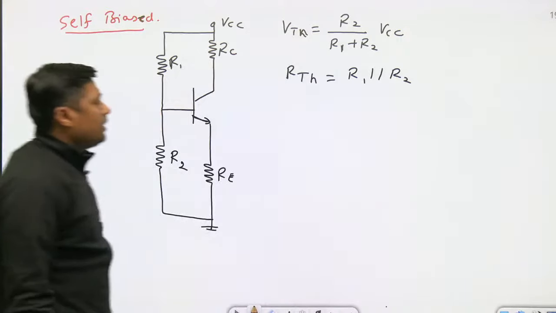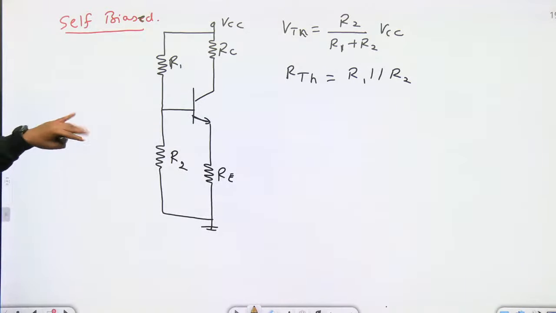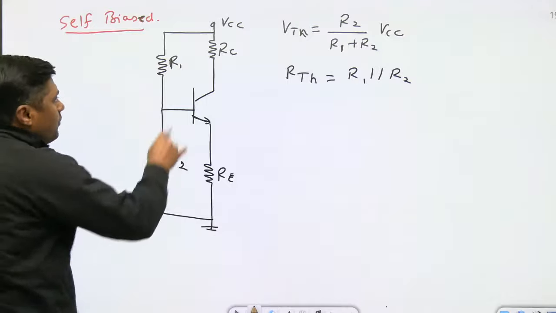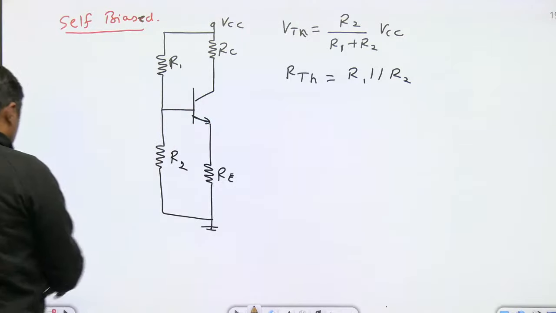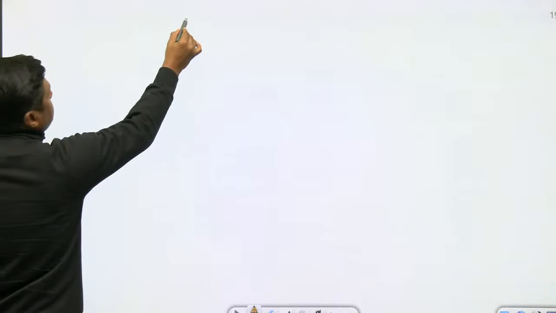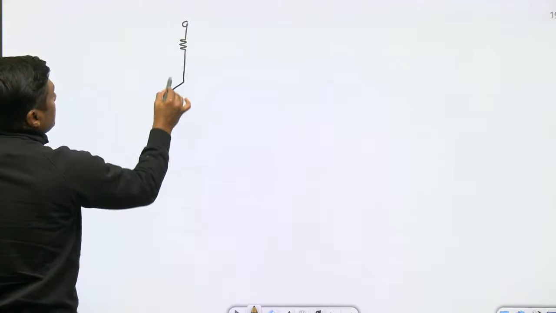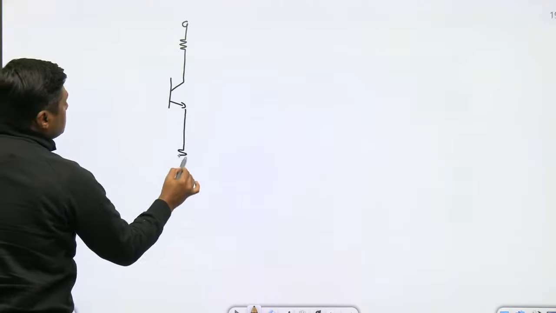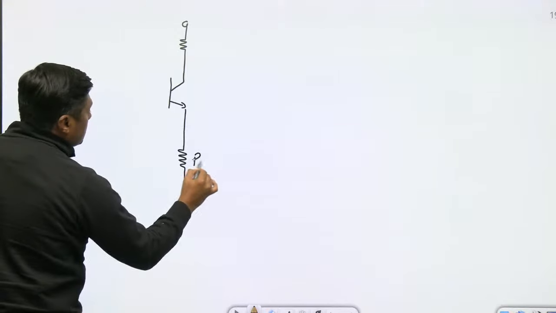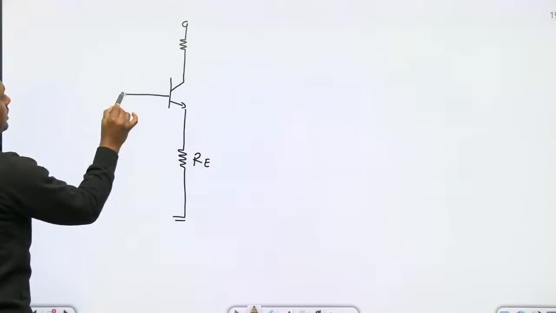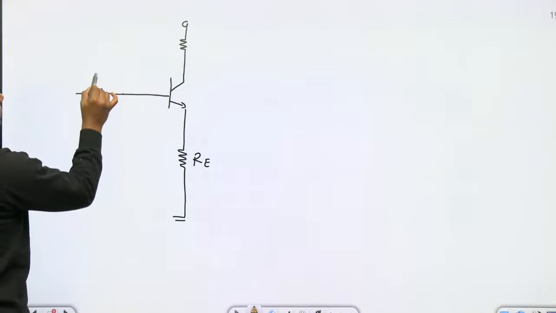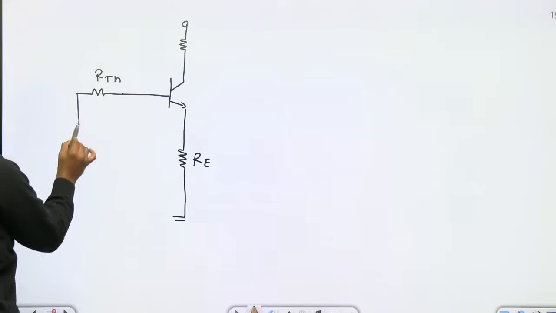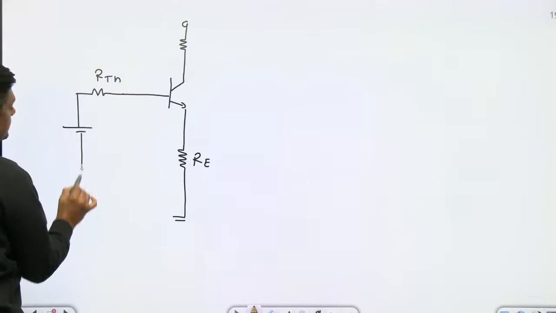Once you solve VTH and RTH, then this circuit is simply converted into a circuit where we connect the RTH and the VTH.